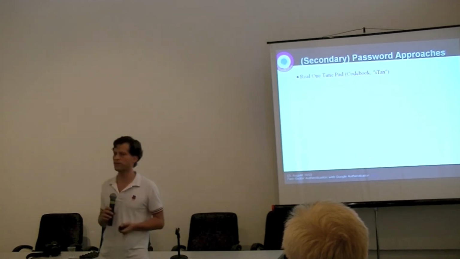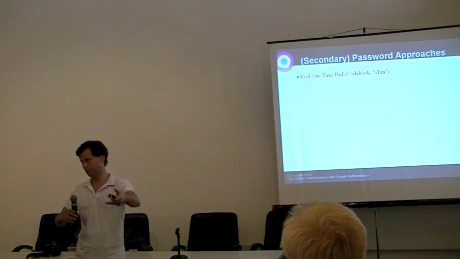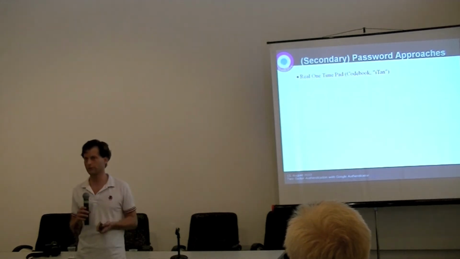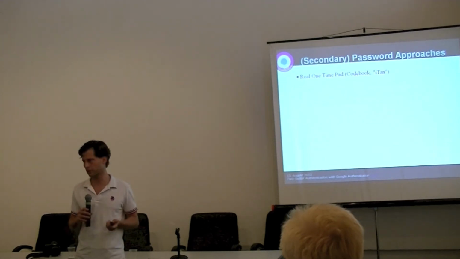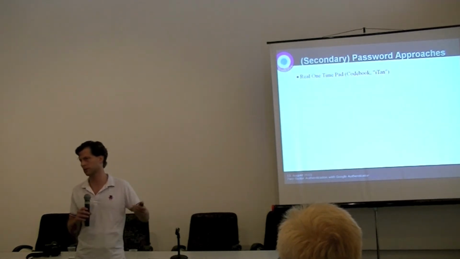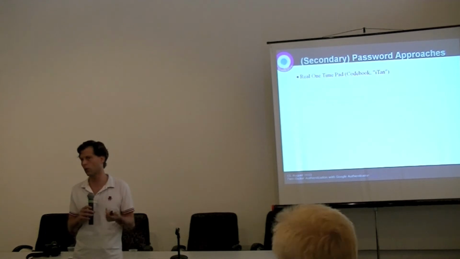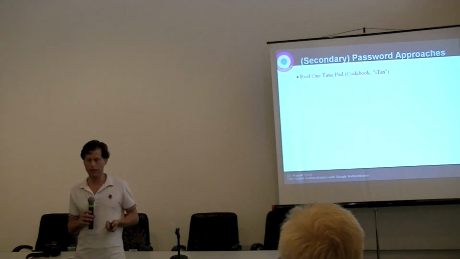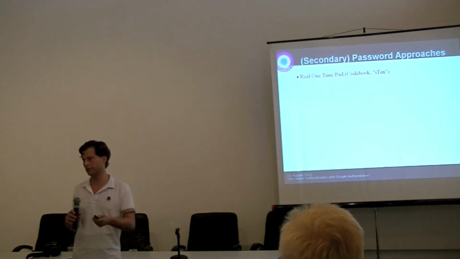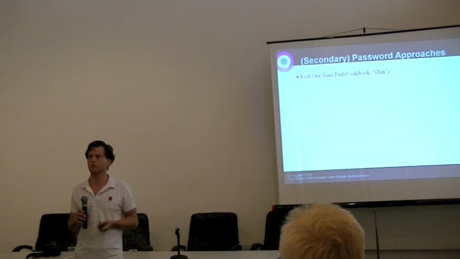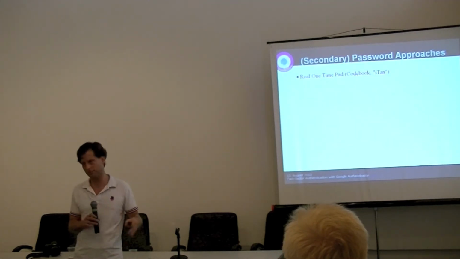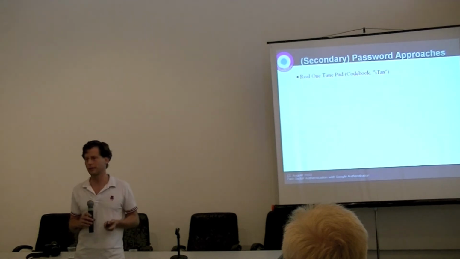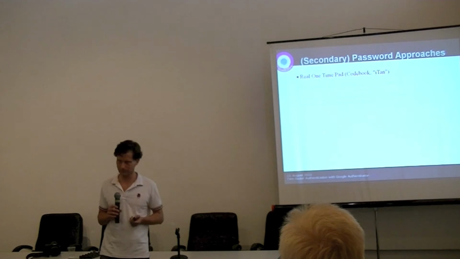Every year or something, your bank sends you a big sheet of paper with lots of numbers on it. And every time you do a money transfer, they ask you, please enter the code for number 42. And then you pull out that big sheet of paper, strike out the relevant number, type it into your online banking, and then they execute the money transaction.